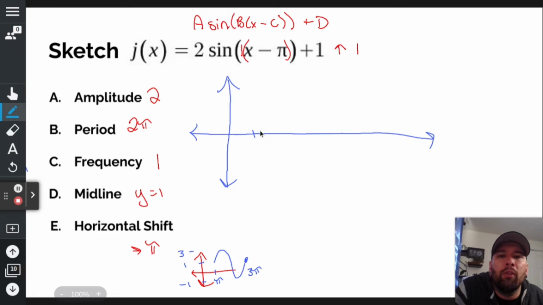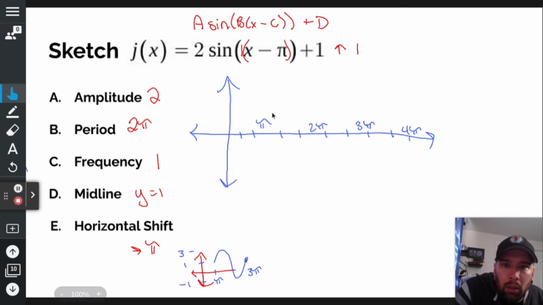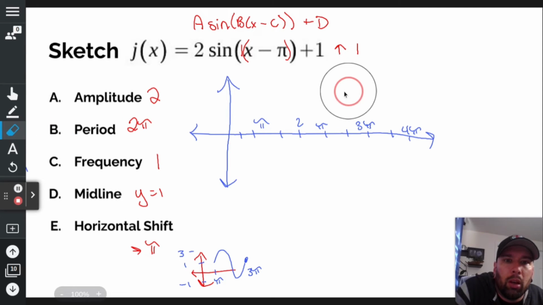We have pi, 2 pi, 3 pi, and we'll put in 4 pi just for fun. Let me scooch these over so it's a little bit more clear as to what I'm doing. Here, let me erase these. I didn't do a good job placing them.